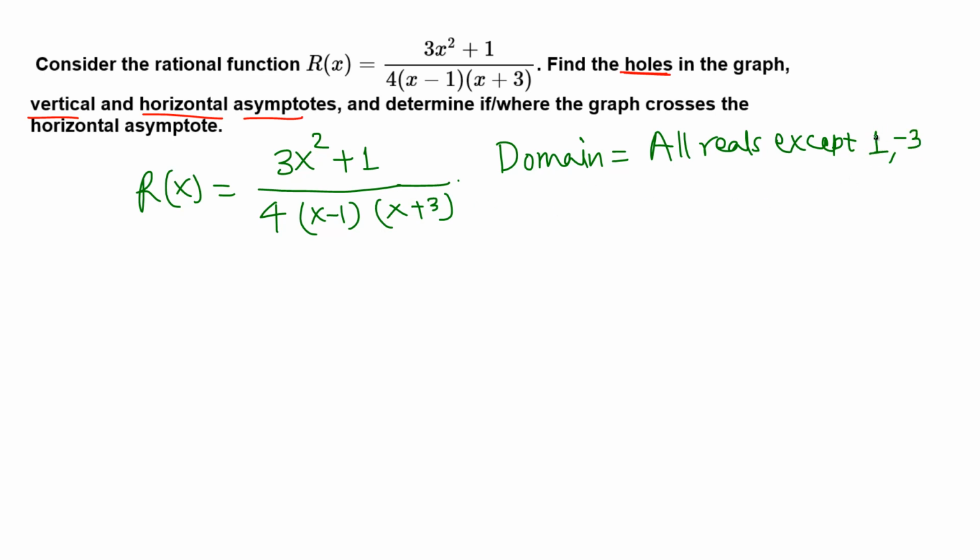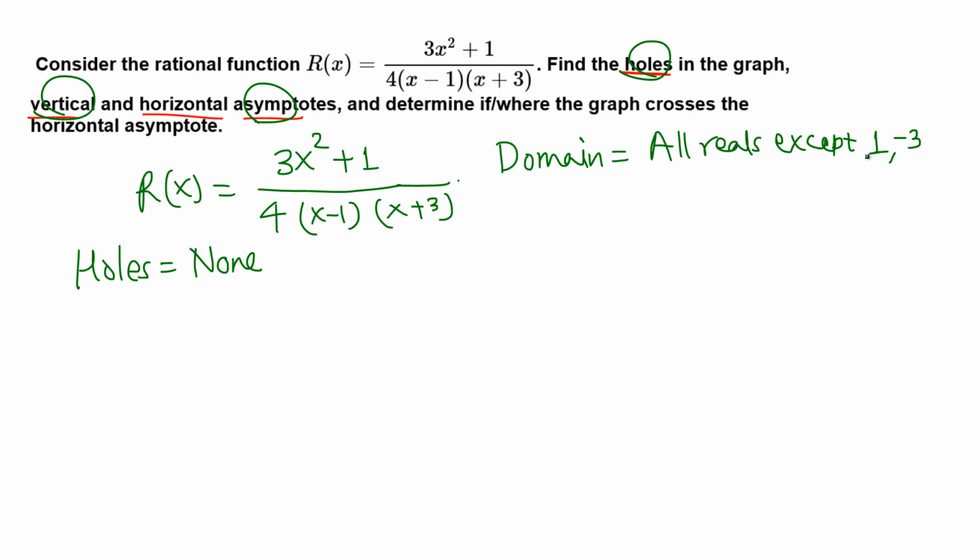And these, x equals 1 and x equals negative 3, are candidates for holes and vertical asymptotes. The top does not factor, so there is no cancellation. That means there are no holes. So holes in the graph: none.